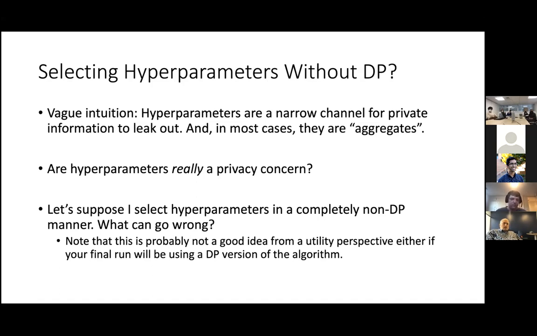So I'm going to look at the setting where we just take the selection of hyperparameters in a completely non-differentially private manner. But I should also note this is not a good thing that you should be doing, even from a utility perspective, because the best choice of your parameters might be different for a differentially private algorithm, the one you're going to run at the end, versus the non-differentially private algorithm that you're using to select those parameters. So this is not good for more than one reason.